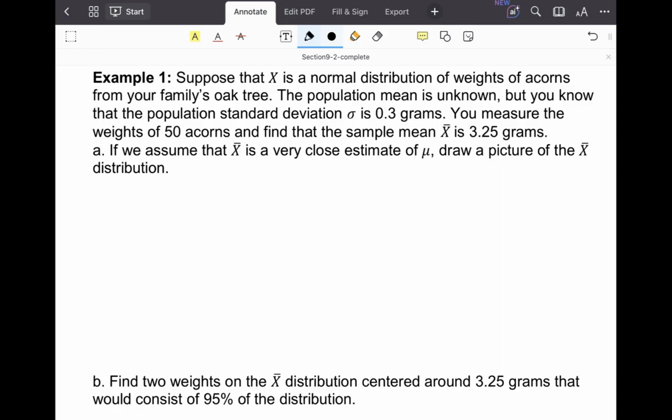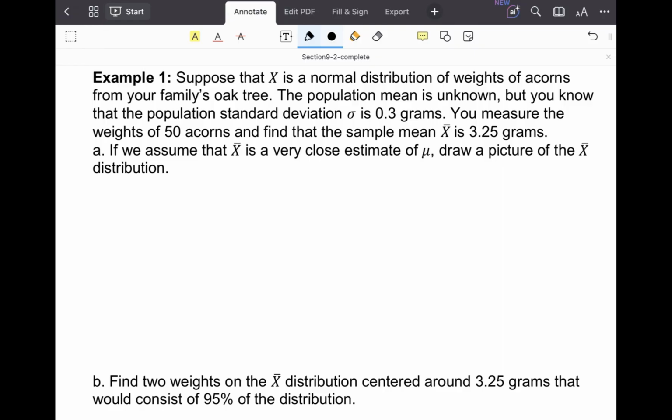The population mean is unknown, but you know that the population standard deviation is 0.3. Now, knowing the population standard deviation is not very likely, but we could just assume that they know it. You measure the weights of 50 acorns, and you find that the sample mean x bar is 3.25 grams.